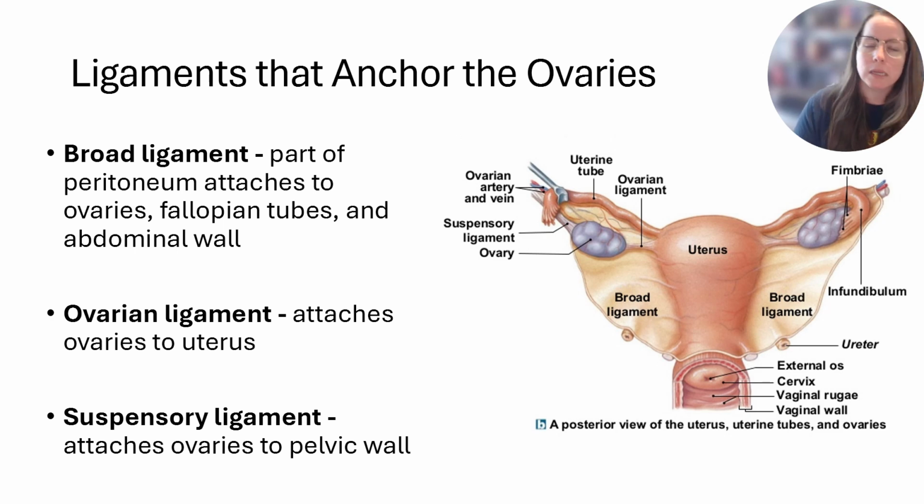So just like testes, ovaries can also twist and get that blood supply cut off. This typically happens with ovarian cysts, which we can get into more in the next lecture. But when we have a large fluid-filled cyst, it can pull on the ovary, and that could lead to torsion, which presents in a very similar manner to testicular torsion.